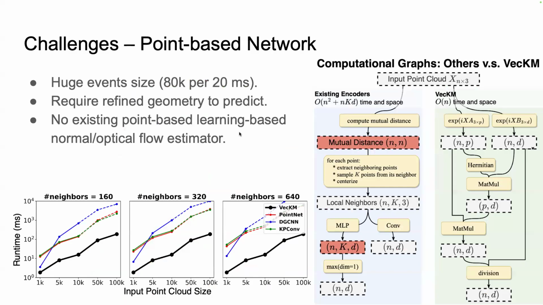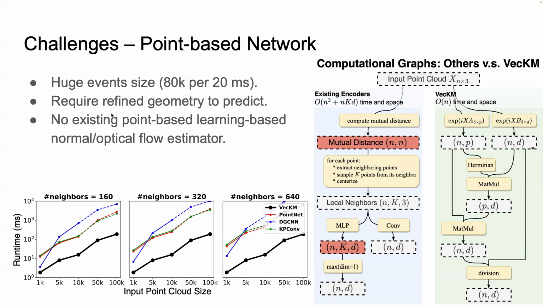Currently, there has not been any point-based network for estimating normal flow or optical flow. The major reason is the very huge event size, for example, 80,000 events per 20 milliseconds. That's a huge event size, and it requires refined geometry to predict.